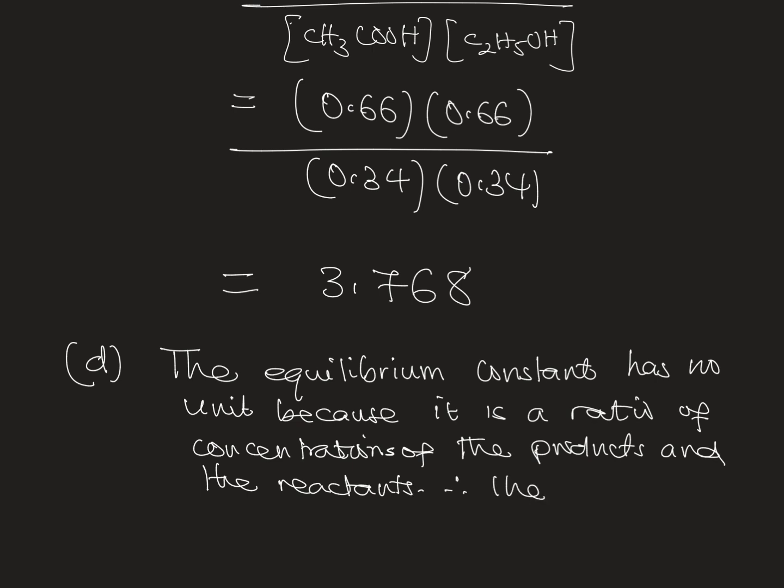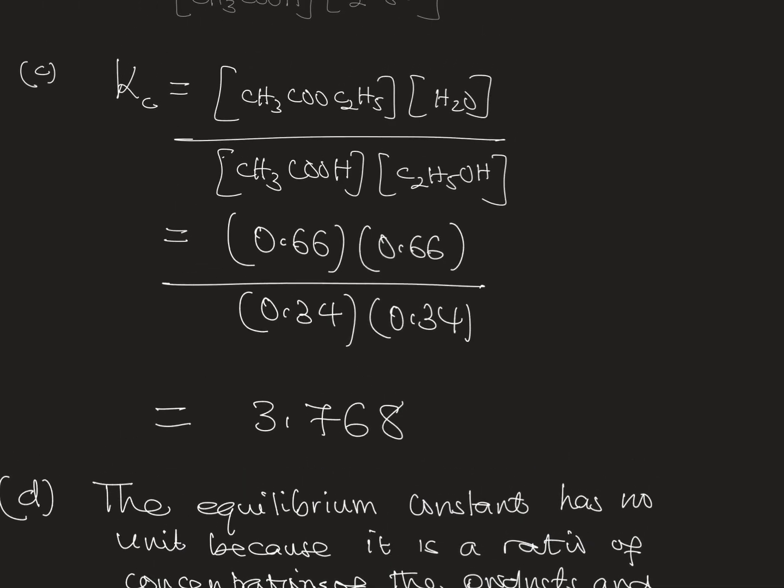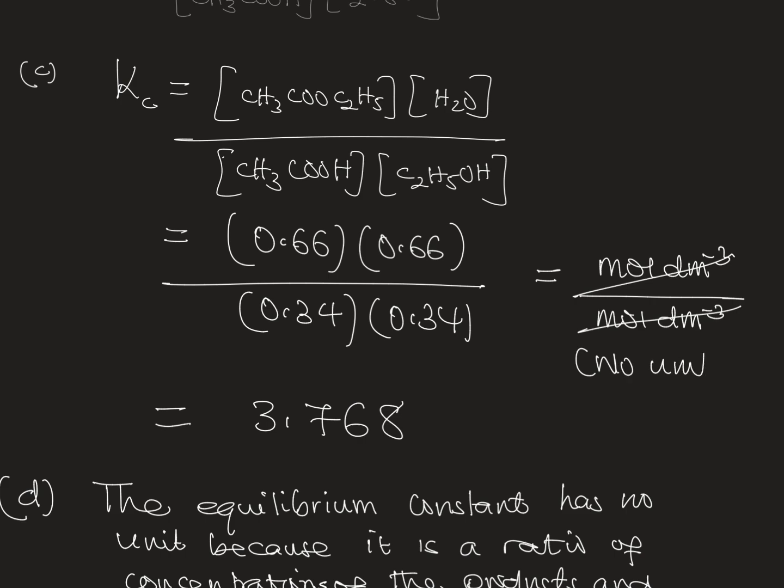Therefore, the units cancel out. So let's say the concentration of the products is in moles per dm cube, and the concentration of the reactants is also in moles per dm cube. So what happened? They will cancel out. So that is why it has no unit.